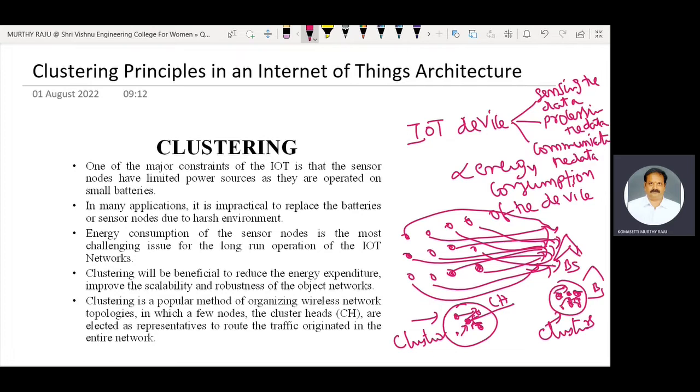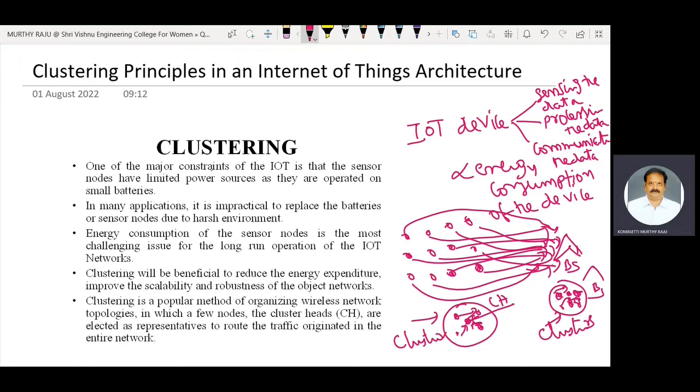Therefore, by using clustering principles, we reduce the energy consumption of each and every IoT device placed in different parts of the city, for any application. In our example, the application is monitoring the traffic conditions in our city.